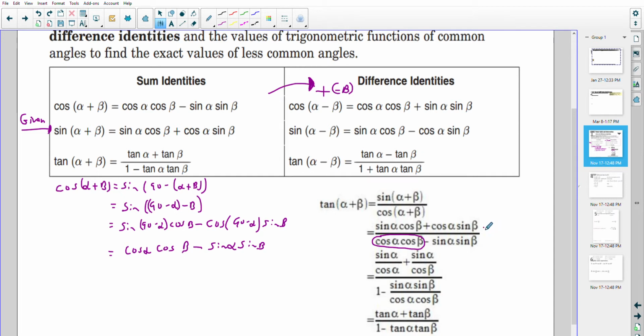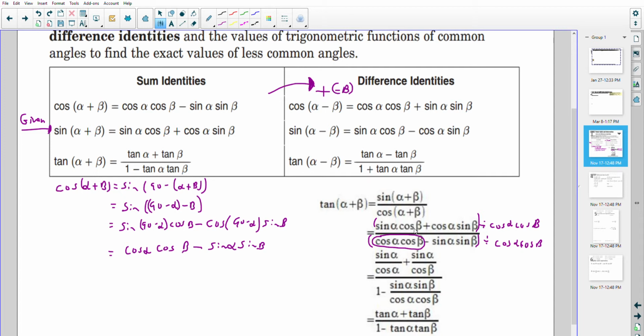I want to divide the top by cosine alpha cosine beta, and I want to divide the bottom by cosine alpha cosine beta. Remember that you have to distribute that all the way through on the top and on the bottom. If you do so, you would get to the second step.